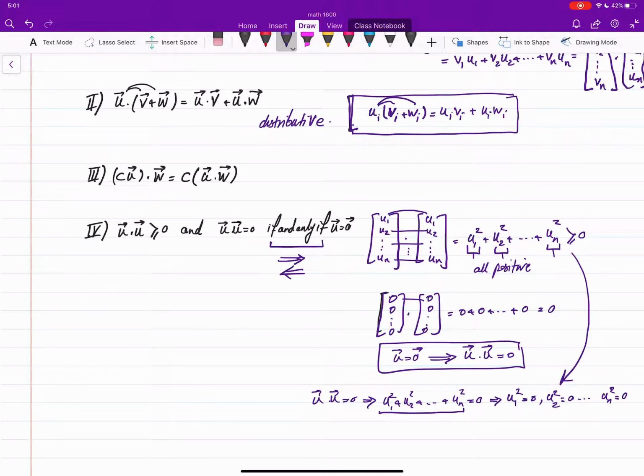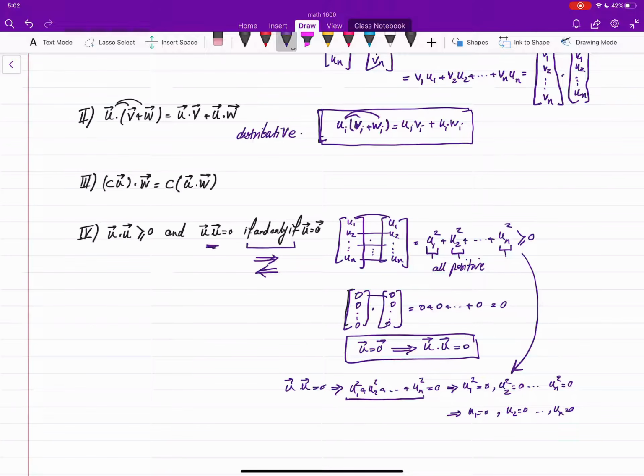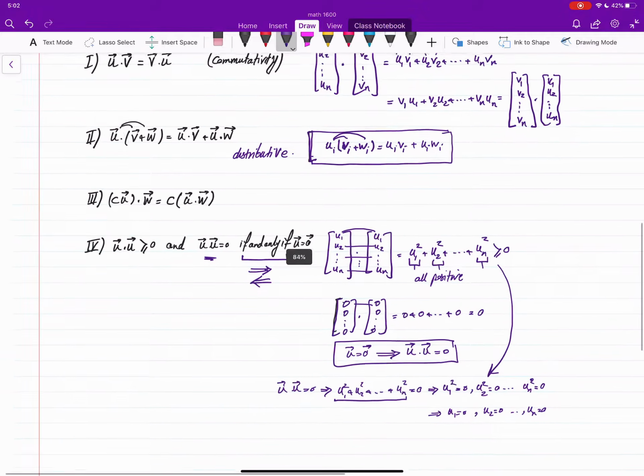Well, if ui squared is 0, then ui itself is 0. And that is how we prove that u dot u is equal to 0 if and only if u is the 0 vector. So these are 4 properties. We will get back to this u dot u very soon in another video.